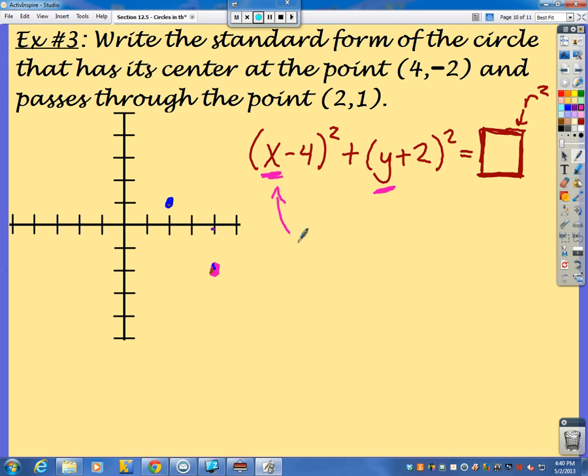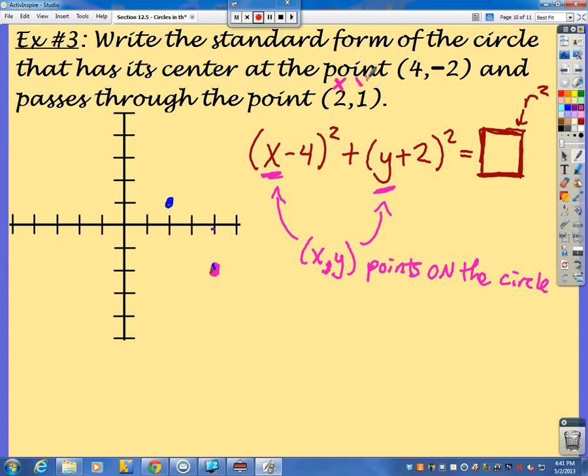Now, the thing to keep in mind is this x and this y represent points on the circle. So I could plug in any x and any y that I know are on the circle into those 2 places there. Now, do I know any points on the circle? I do. I know (2, 1) is on the circle.